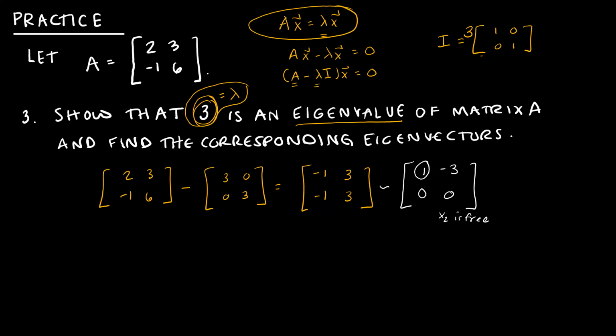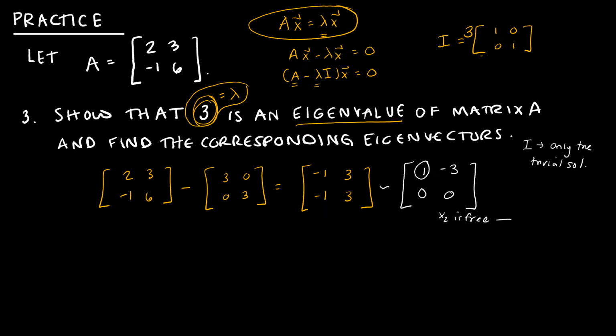Why is this important? Because if I ended up with the identity matrix, then that would tell me that I had only the trivial solution. And if I have only the trivial solution, then it's not an eigenvalue. And that's not what I have.